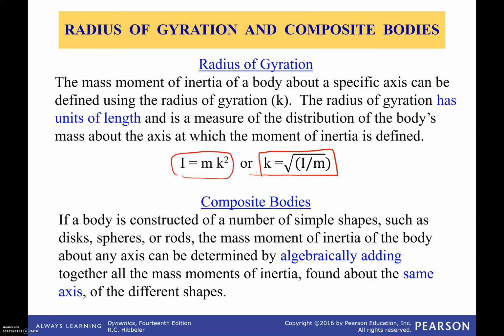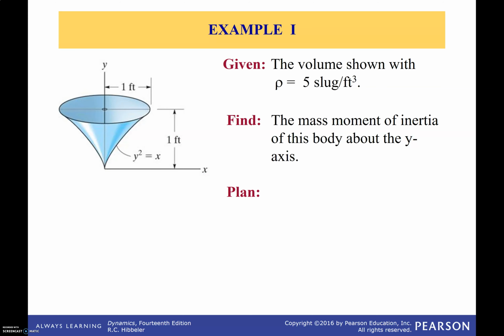If we have the moment of inertia of bodies that are made of a few parts, you calculate the moment of inertia of this, the moment of inertia of this, and then you add those parts. Or you can look these moments of inertia up in a book, and then you algebraically add those parts. The only thing you need to figure out is the axis, because now you're going to have all about the same axis. And we are going to look at one problem.